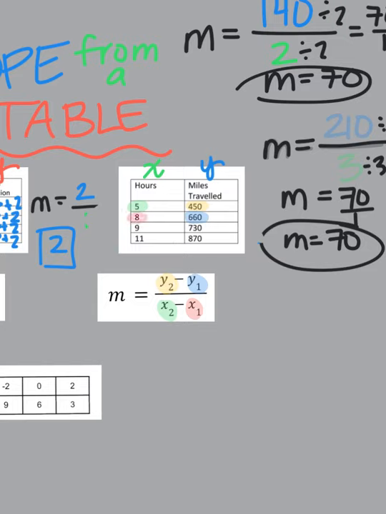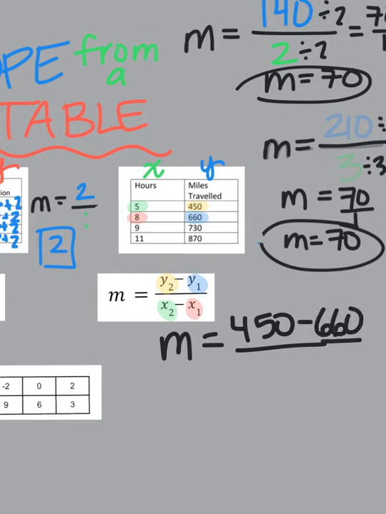All right, so let's fill in this formula. M equals, y2 was 450, y1 was 660, x2 was 5, and x1 is 8. Okay. So I'm definitely going to want to use a calculator on this because I can already tell I'm going to have some negatives in here.